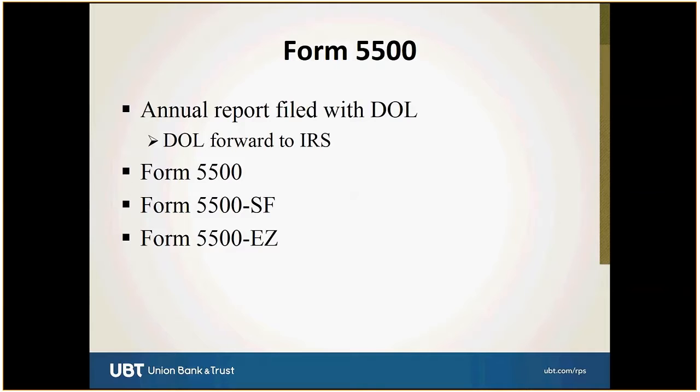I did not include in the materials and I'm not going to talk about the several schedules that could accompany your Form 5500 filing, because a lot of our clients, frankly, are using that 5500 SF short form, and there's not many schedules that apply. If you have any questions about Form 5500 schedules, you can talk to your Union Bank relationship manager.